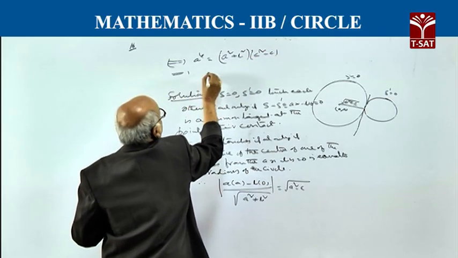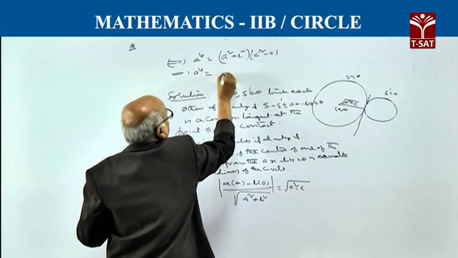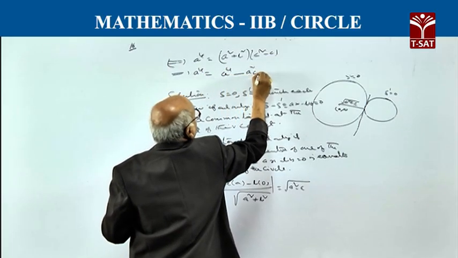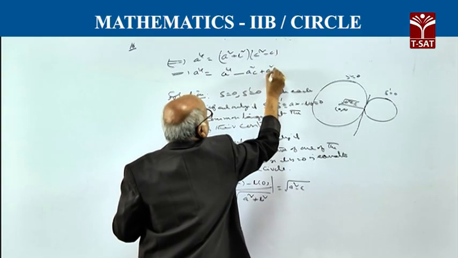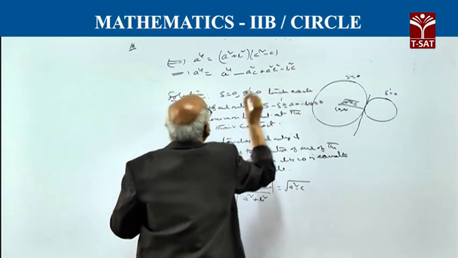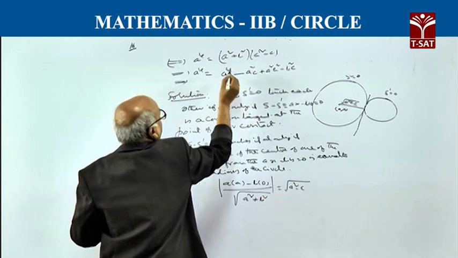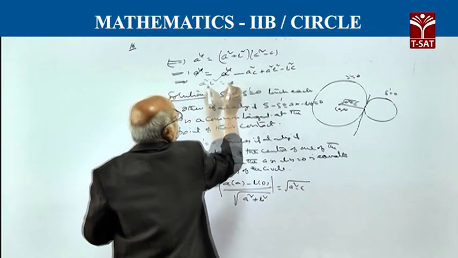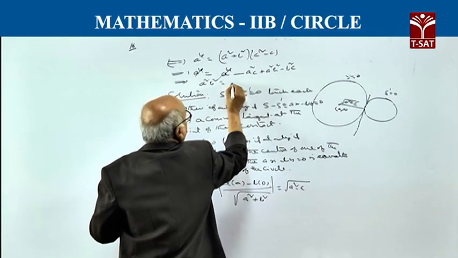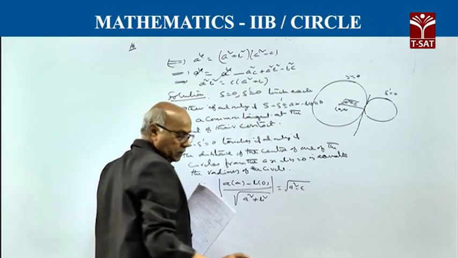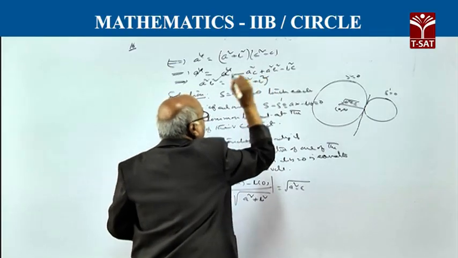So that will give that a power 4 is equal to a power 4 minus a square c plus a square b square minus b square c. So that is if and only if a power 4 will cancel. So therefore a square b square is equal to c into a square plus b square.